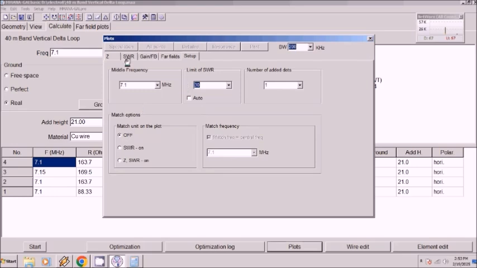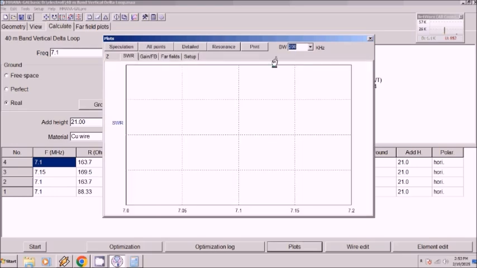Click SWR 200 kilohertz, and we click all points to sweep the value across this 200 kilohertz.